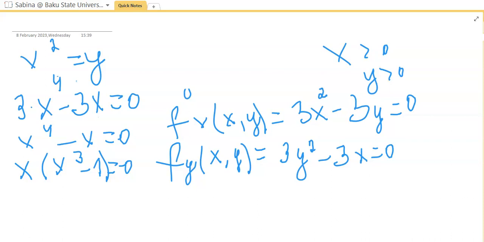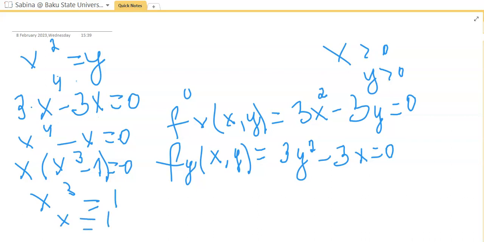We get that x is equal to 0, but in our condition x must be greater than 0, so 0 is not our solution. Let's look at this part: x cubed is equal to 1. Then it's easy to find that x is equal to 1.